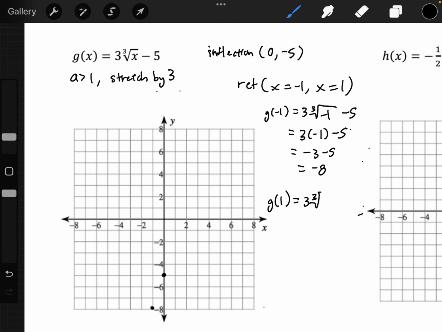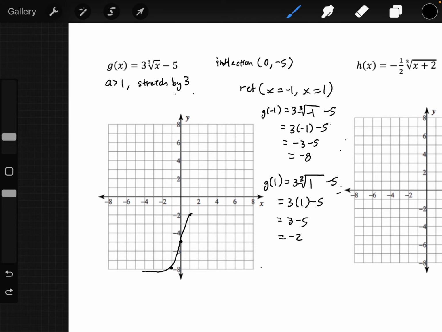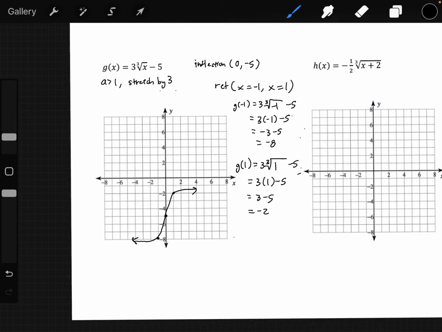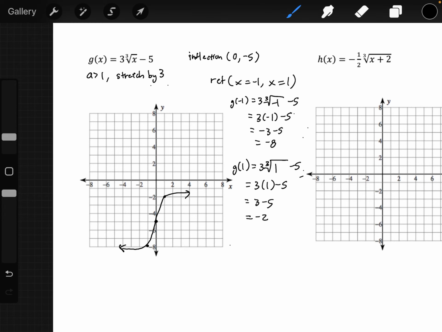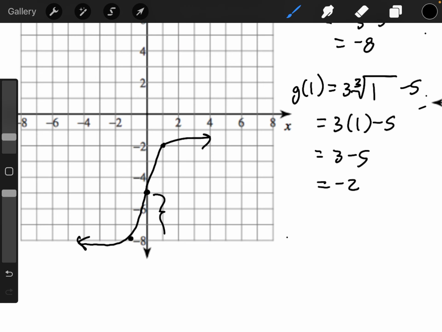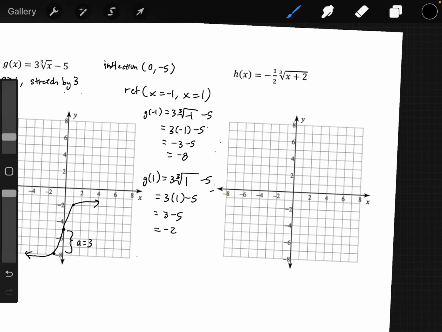Now when x equals +1, it's equal to 3 times the cubic root of 1 minus 5. 3 times 1 minus 5 equals 3 minus 5, which is -2. So we have this shape about for this function. And you see here, there's this stretch by 3 units.